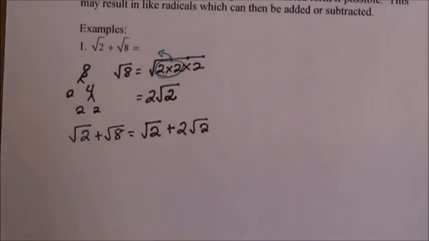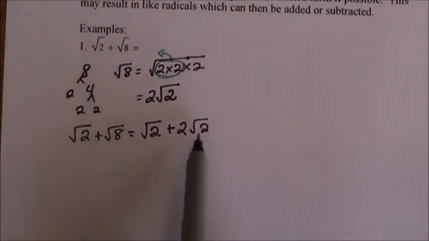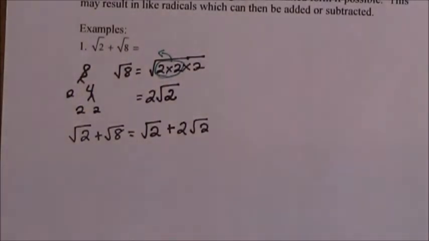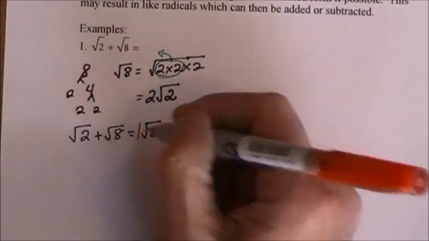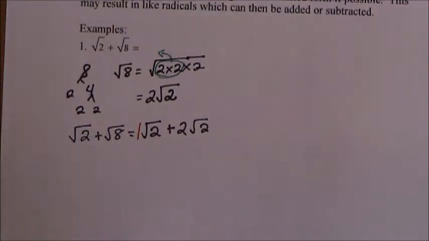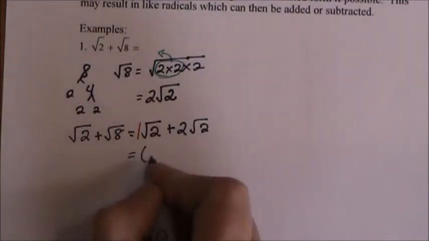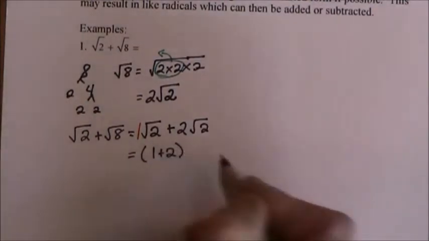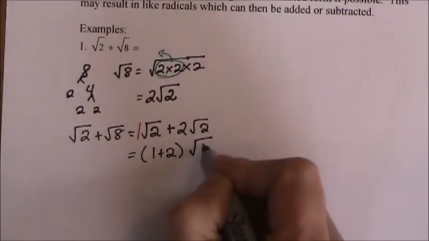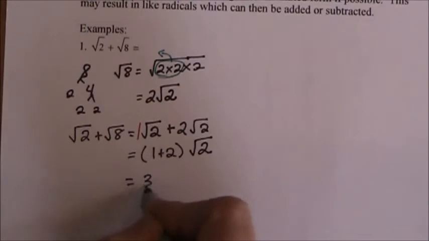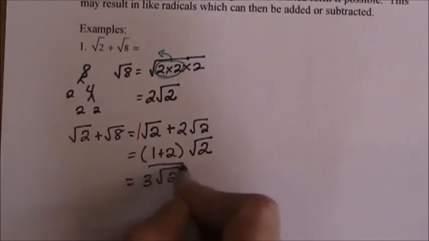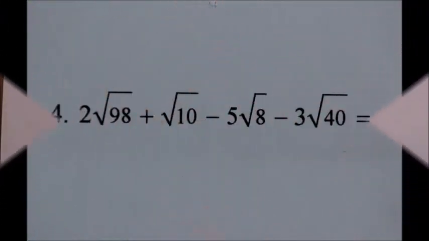At this point, we can now look at our radicands. They are the same. They are now both 2's. Recall no visible coefficient is the same as having a coefficient of 1. So at this stage, we can now add them. We have 1 plus 2. And then our radical stays the same. So we have 1 plus 2 is 3, square root 2. And there's our final answer.